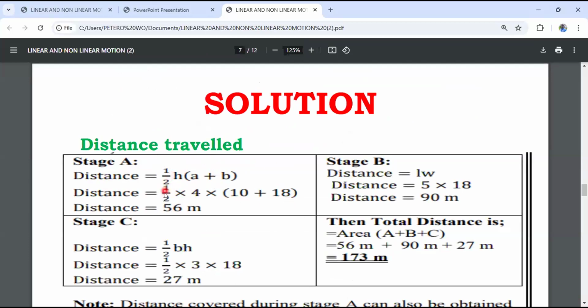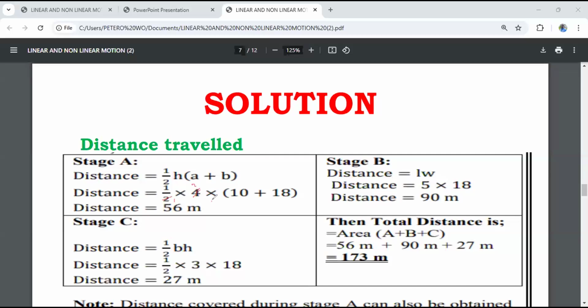So that means we have a half times 4 times 10 plus 18. 10 and 18 are in brackets, which shows that we must first add those two, then we multiply them with the ones outside. So what we are doing is a half, so that by 2 we get 1, by 2 we get 2.